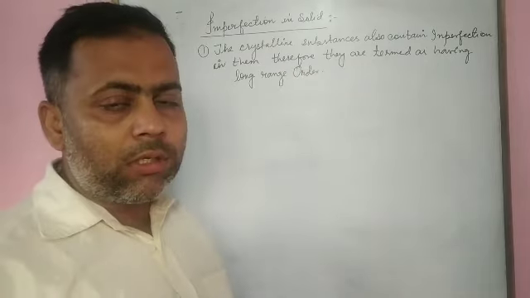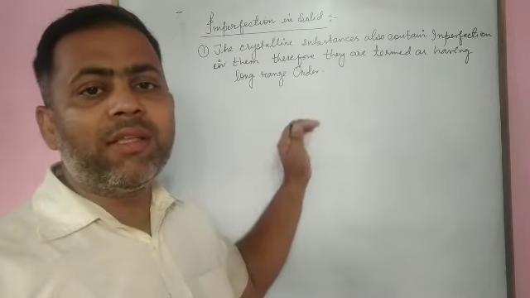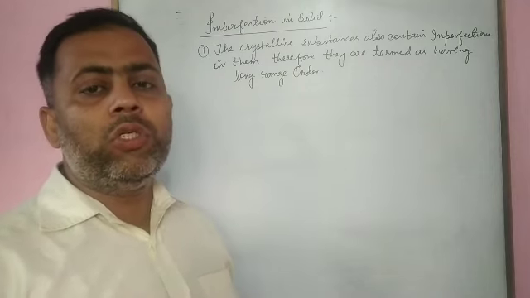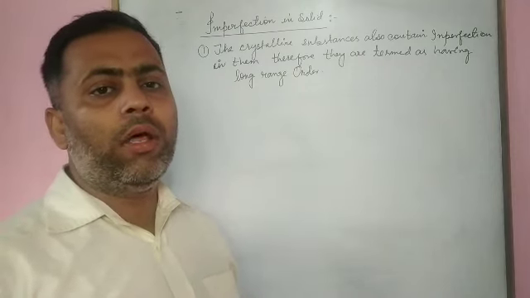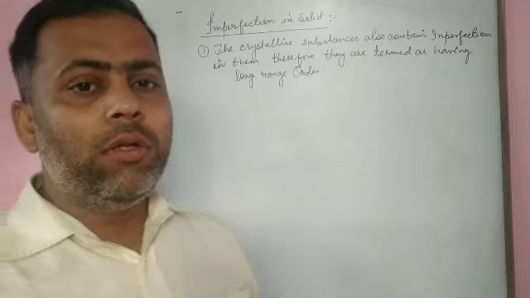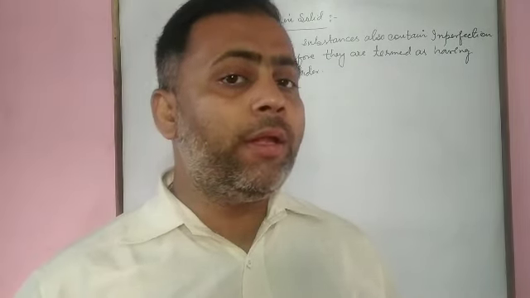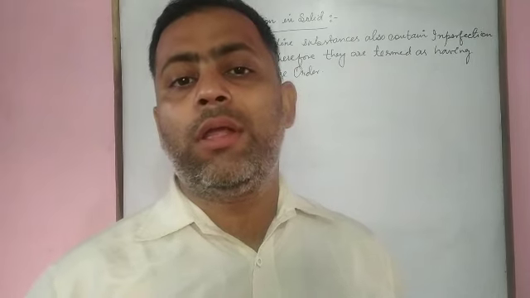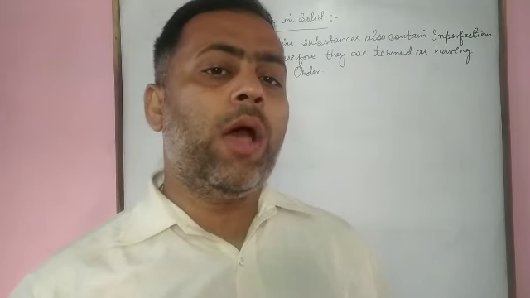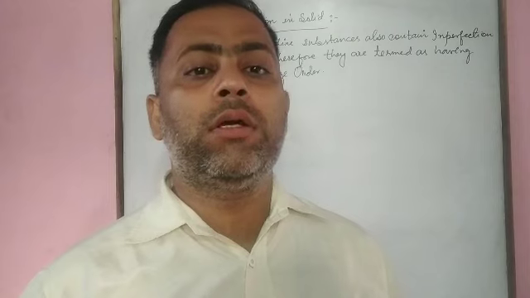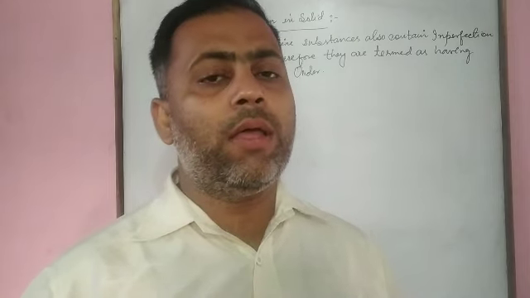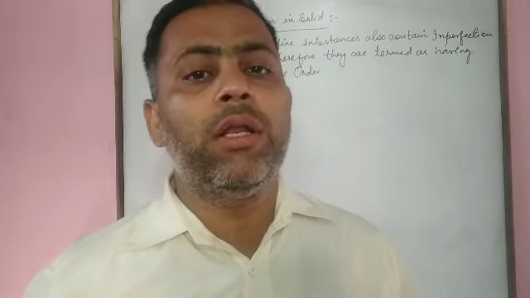We have also discussed that this imperfection arises in crystalline substances due to moderate or rapid cooling. Why is it so? Because during moderate or rapid cooling, the atoms do not get enough time to arrange properly in the crystalline lattice. That's why it develops certain imperfection.